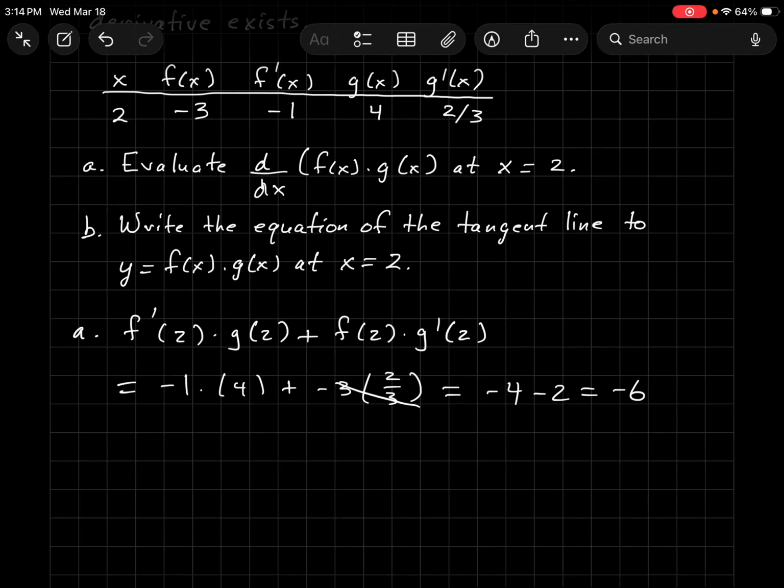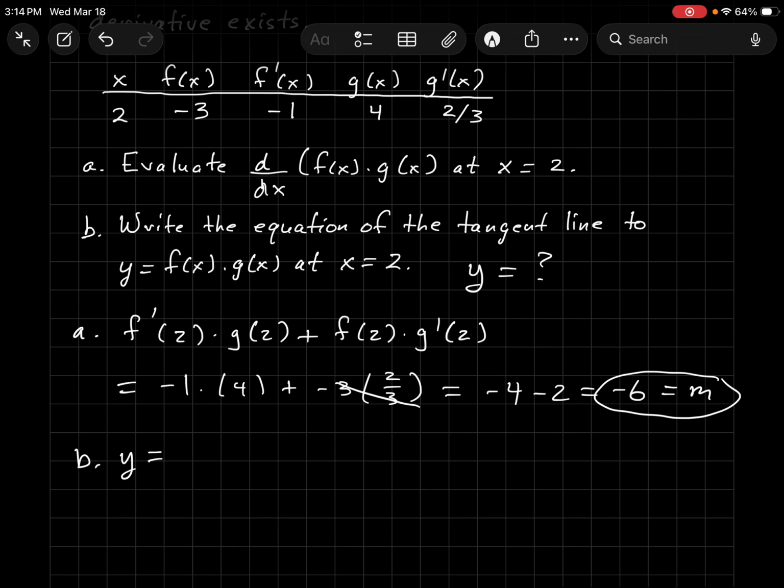So there's the slope of the tangent line. The derivative is not the equation. It is the slope of the tangent line. I have my slope. I'll call it m over here. I have my x value, which means I'm missing my y value.